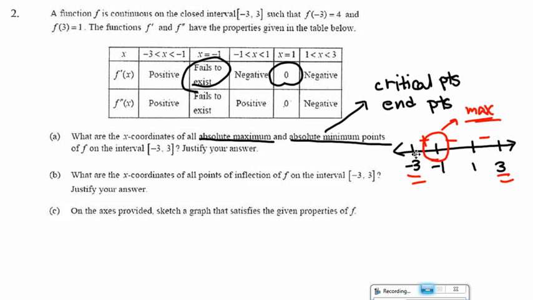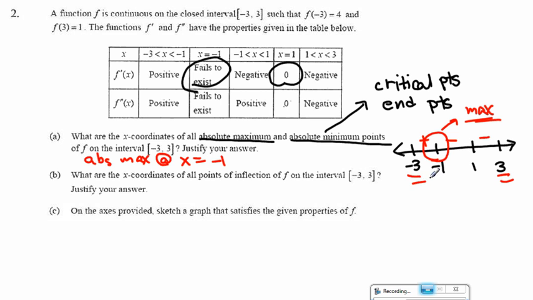Therefore, since the function is going up, the value when x equals -3 must be lower than when x equals -1. So the only possible absolute maximum is at x equals -1.